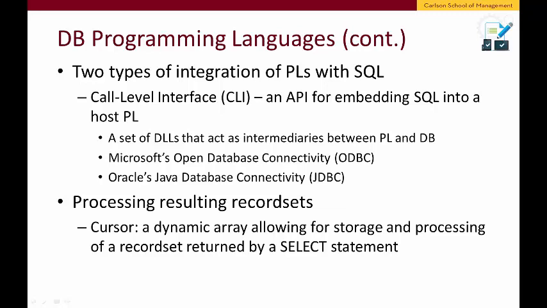The most widely used CLIs are Microsoft's Open Database Connectivity, ODBC, and Oracle's Java Database Connectivity, JDBC. Both facilitate things like database connection, SQL execution, managing the transfer and processing of the resulting record sets, etc. All this is, again, beyond the scope of an intro DB class.